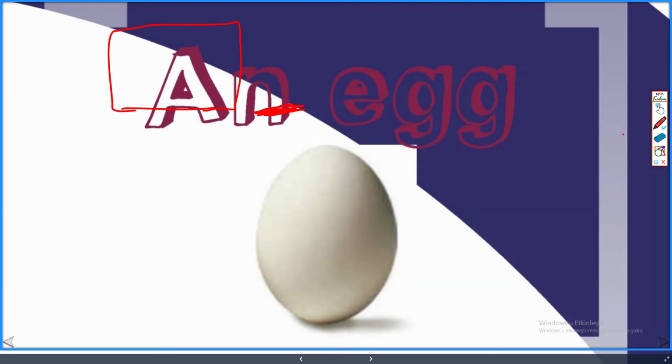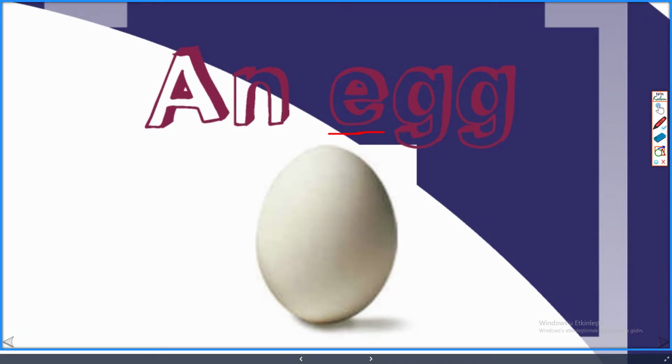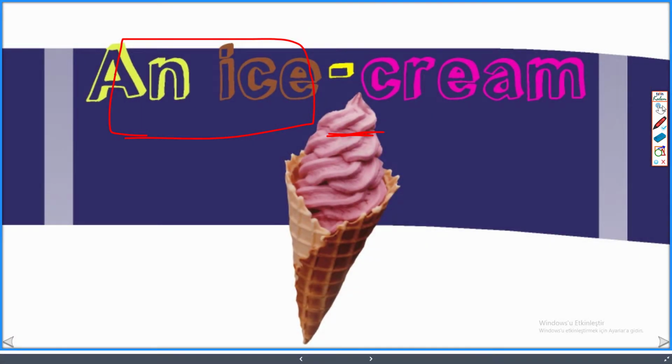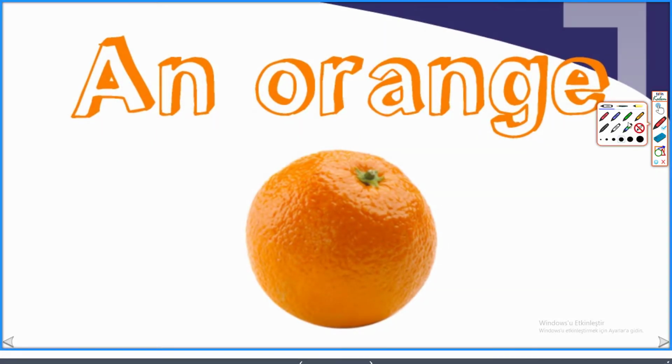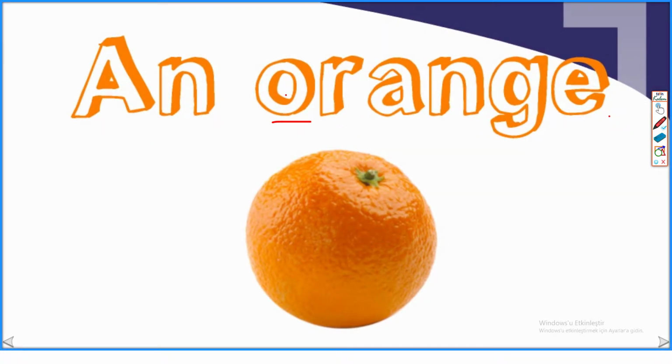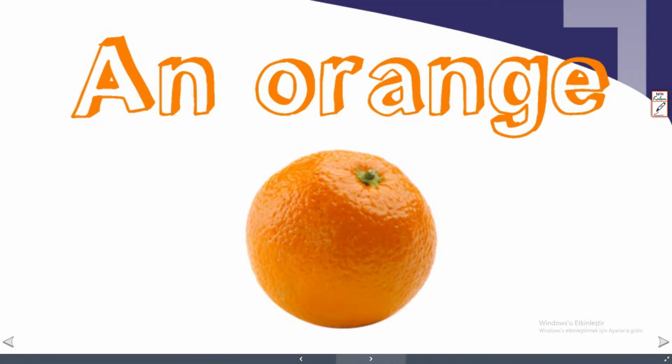And an egg, because we have e. An egg. And we have an ice cream. And we have an orange. We have o in our noun, and it is an orange.